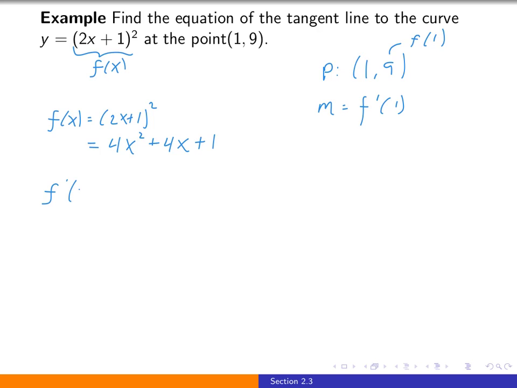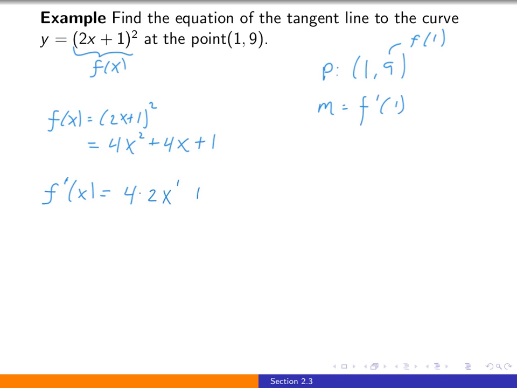Now, when we determine f prime of x, we go through and differentiate it term by term. And I'm going to do so a bit more quickly in this example as we've worked through a few derivatives. You have the constant 4, and we multiply that by the derivative of x squared. So you have the 2 that comes down front, and the new power is 1 less than it previously was. So 2 minus 1 is 1.